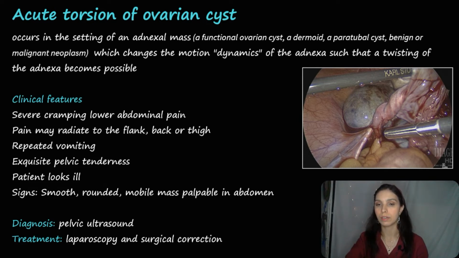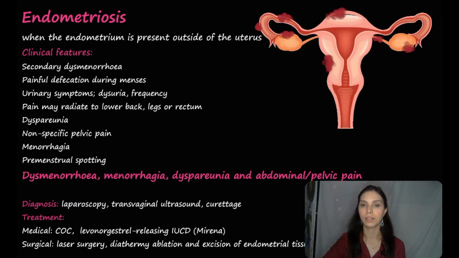Symptoms are severe cramping lower abdominal pain that may radiate to the flank, back, or thigh, repeated vomiting and nausea, and excruciating pelvic tenderness. Signs are a smooth, rounded, mobile mass palpable in the abdomen. The best choice for diagnosis is a pelvic ultrasound. Also, you can feel this mass on examination, and treatment is laparoscopy and surgical correction.